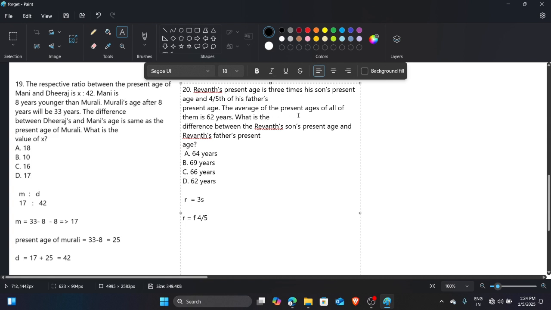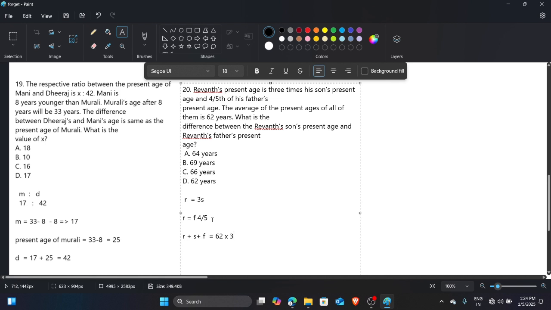The average of the present age of all of them is 62 years. What is the difference between Revant's son's present age and Revant's father's present age? Okay, so we know that R plus S plus F is equal to 62 into 3.